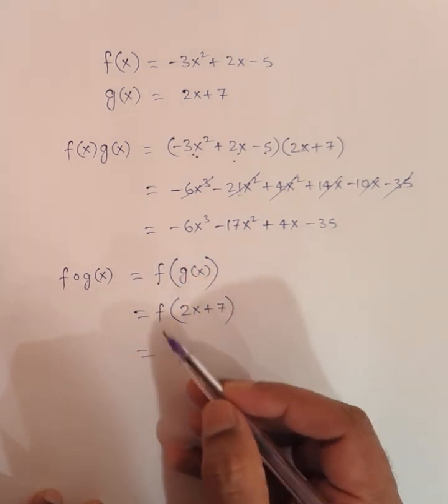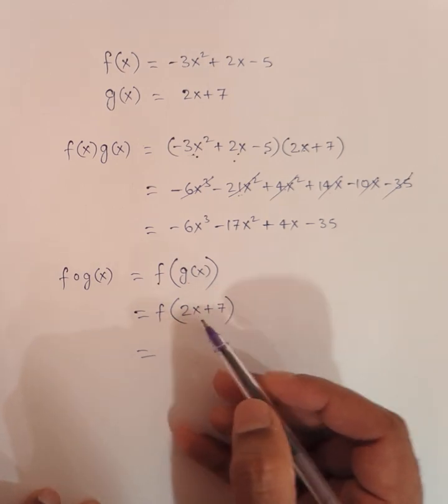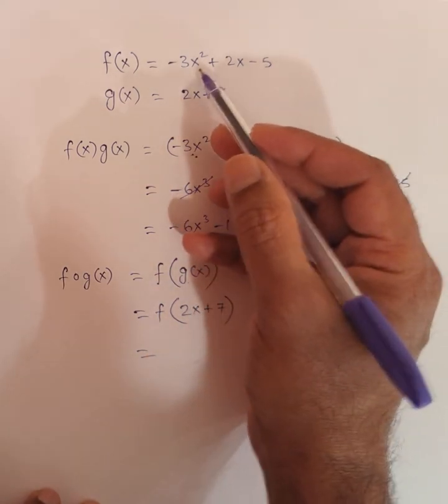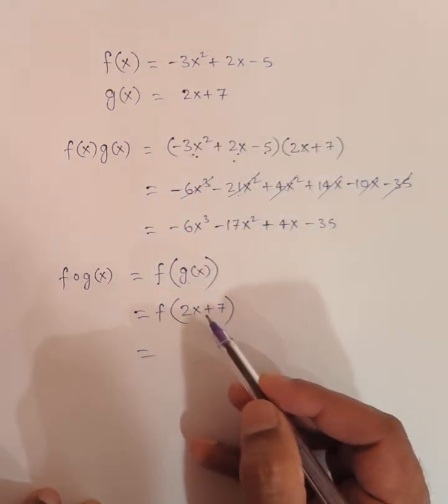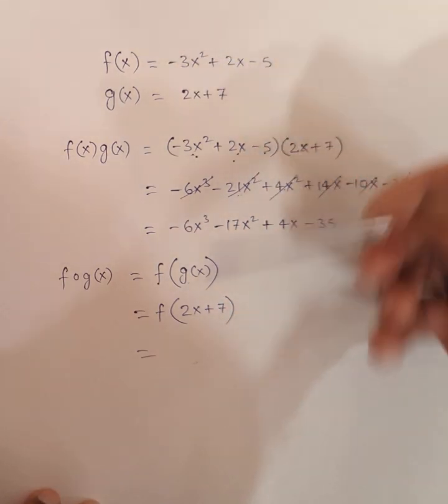Now this is telling me to evaluate f at this input. So f of x is that. So what would f of something else be? Well, it's like evaluating f at that input.